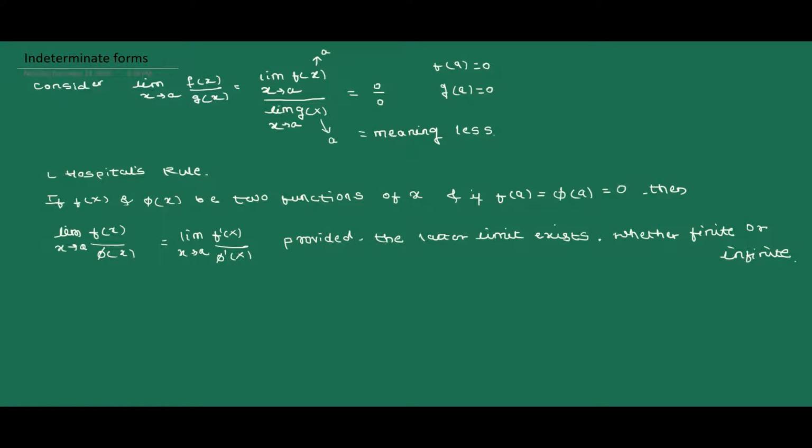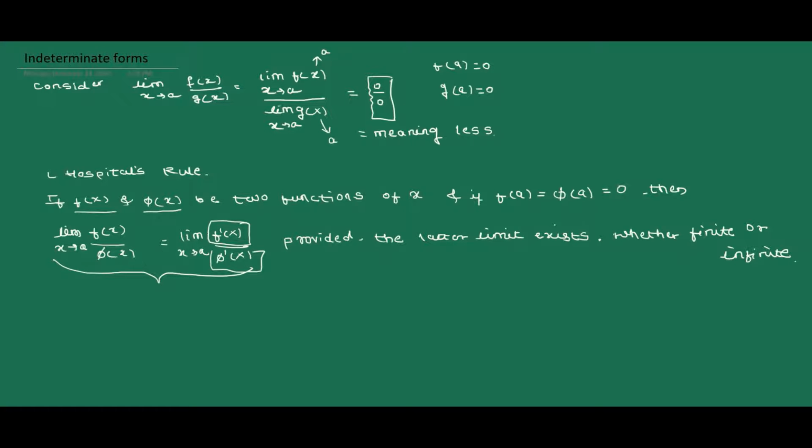Suppose there are two functions f of x and phi of x, and after substituting you get the form 0 by 0, then we can take the derivative of the numerator, that is f dash x. Similarly, we have to take the derivative of the denominator also.